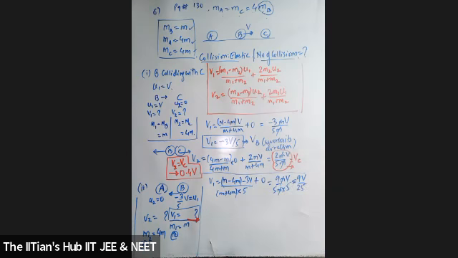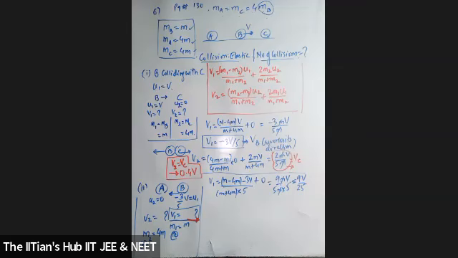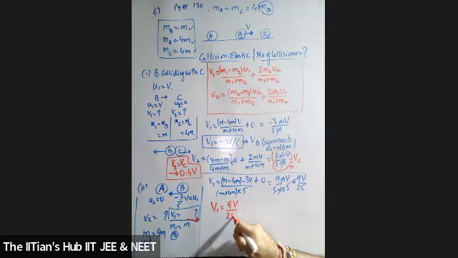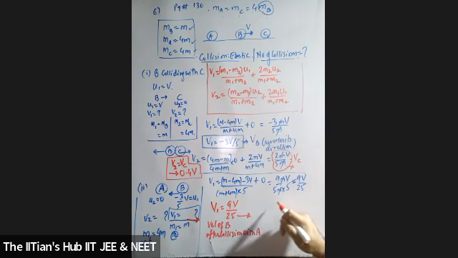Is this clear, students? Yes, sir. Tell me, what is 9V/25? This is the final velocity of B after collision with A, and its direction is this. C was moving ahead.